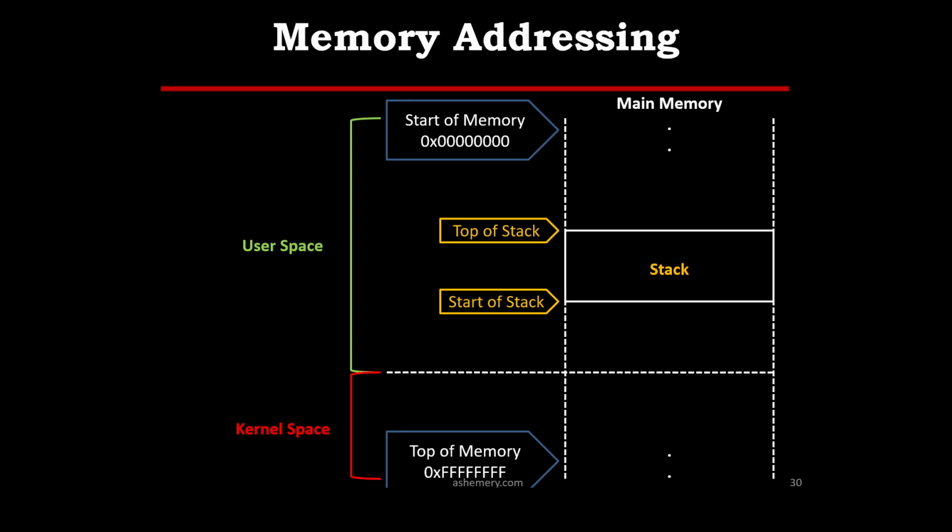Now here you can see the memory, because I just put this one from 00 to FFF, etc. This memory will always be divided into two spaces: one is kernel space and one is user space. Sometimes, for Linux, we'll use 1 gigabyte for kernel space, while the user space will have 3 gigabytes.